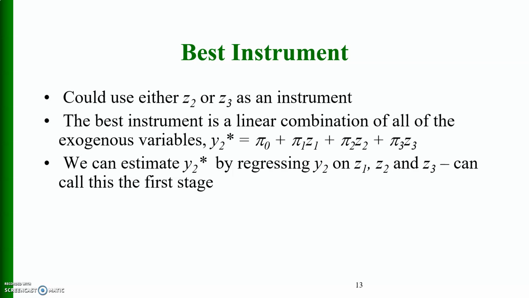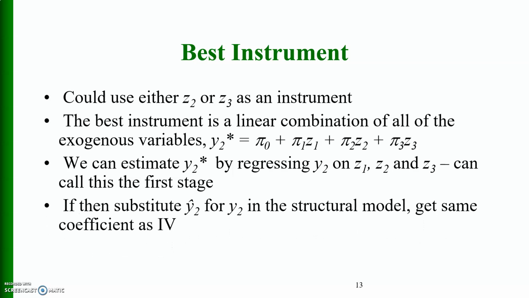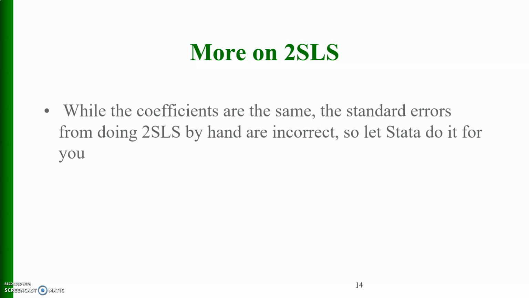And we can estimate y2 star by regressing y2 on z1, z2, z3, and we call this the first stage equation.